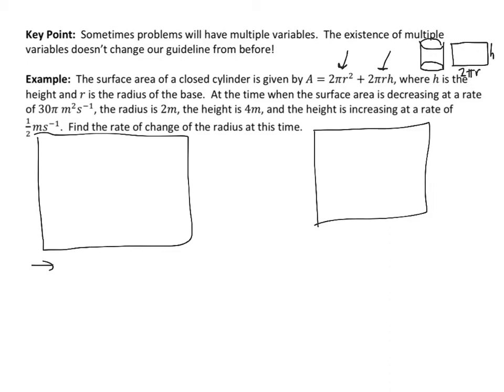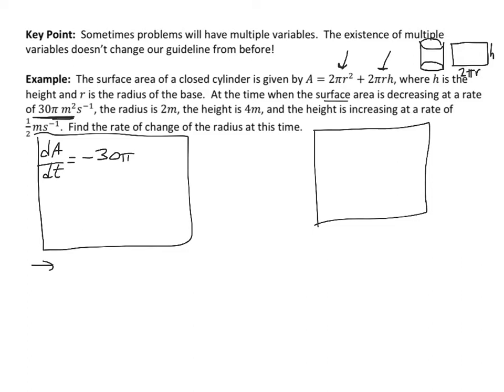So the surface area of a closed cylinder is given by that. h is the height, r is the radius of the base. At the time when the surface area is decreasing at a rate of this, okay, so right there, we have that dA/dt, the rate of change of the surface area, is decreasing. So it's decreasing at a rate of negative 30 pi, okay?